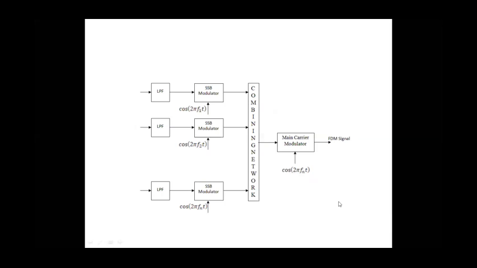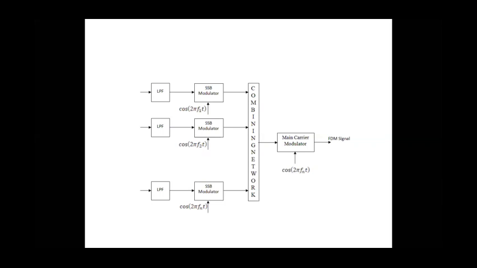Here we have to remember one thing. All input signals are simultaneously band limited, simultaneously modulated onto their subcarriers, and then added. That means all the signals are transmitted all the time. All these message signals are transmitted all the time, but they occupy different frequency bands.